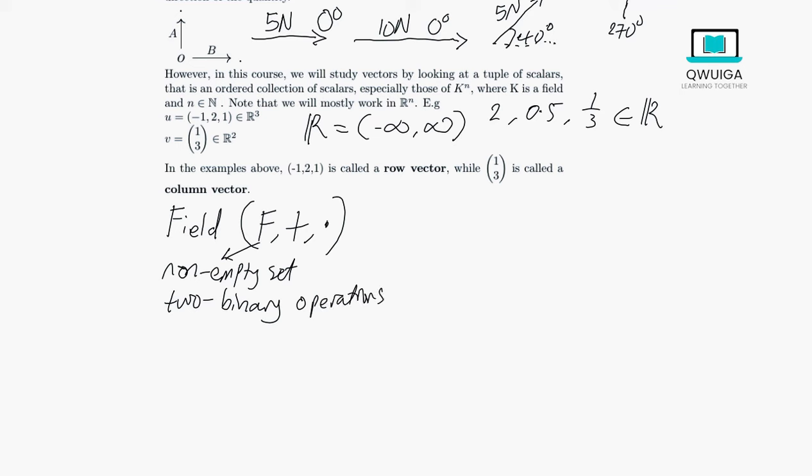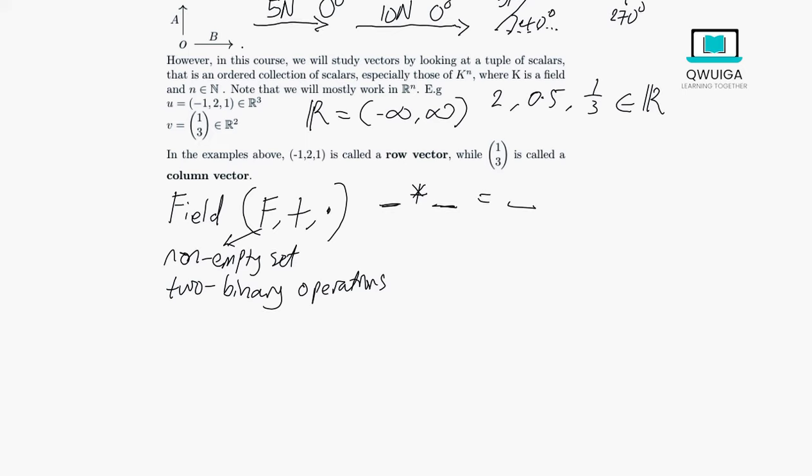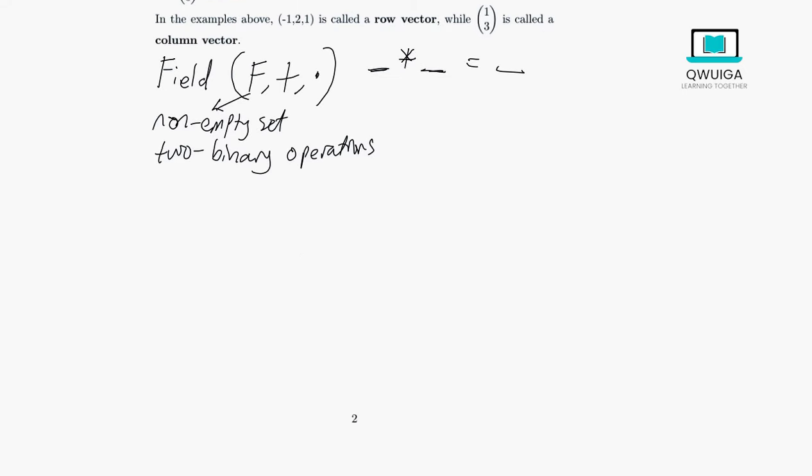A binary operation is an operation that takes two operands, so you have something operating on another thing to give you a result. So you have a non-empty set and two binary operations defined on the set, usually addition and multiplication, but you also have a set of axioms that must be satisfied by a field.